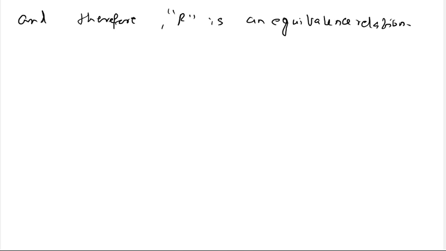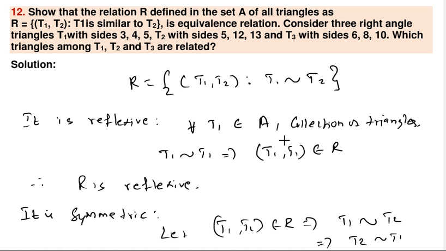If we look at the question, consider the three right triangles T1 with sides 3, 4, 5, T2 with 5, 12, 13, and T3 with 6, 8, 10. Which triangles among T1, T2, T3 are related? T1 is related to T3 because the corresponding sides are proportional: 3 is proportional to 6, 4 is proportional to 8, and 5 is proportional to 10.